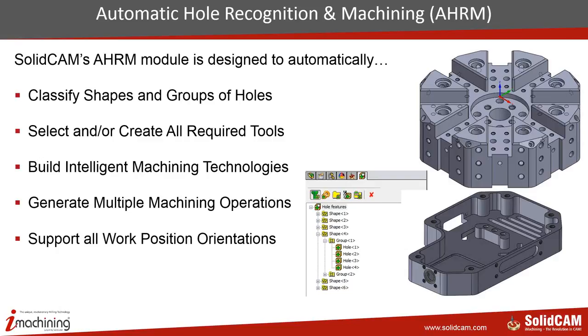And it also knows how to automatically build the proper machining technologies that you want to use for that hole. Sometimes you need to mill out certain areas. Sometimes it's enough to do a drill in those areas. All of this is done automatically. In other words, it's going to create the technologies for you without you doing anything.